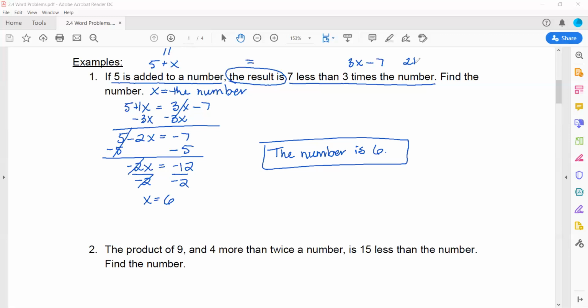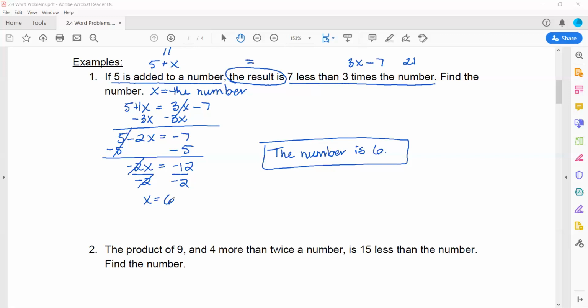And then if we take 7 less than 21... Let me double check the work over here for this one. So let's see, we subtracted, we got a negative 2, we subtracted 5. Oh, that's why, our number is 6.